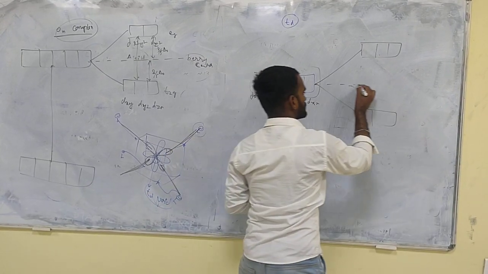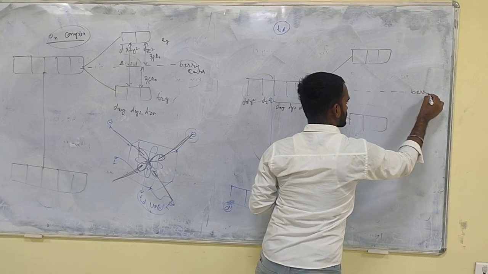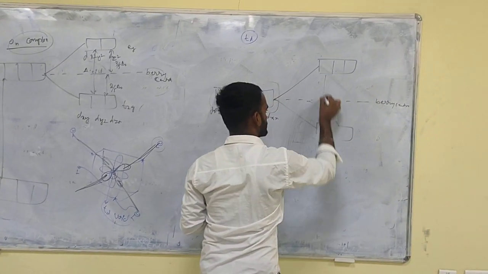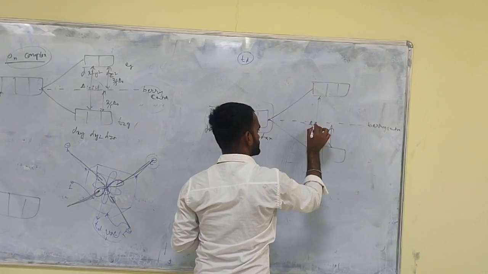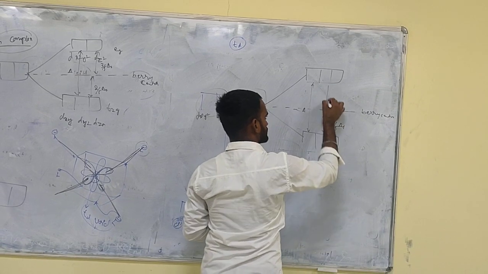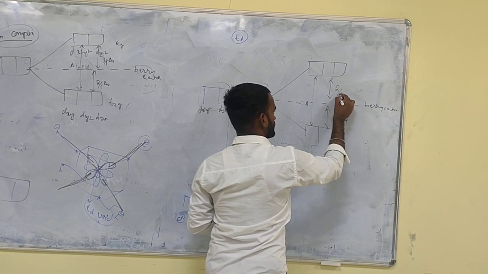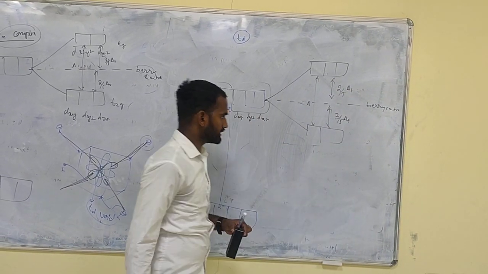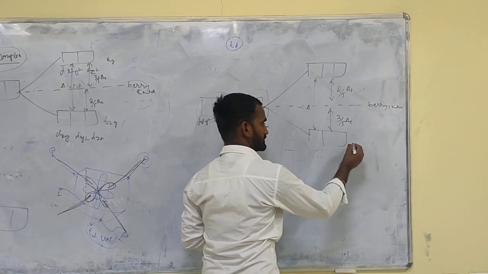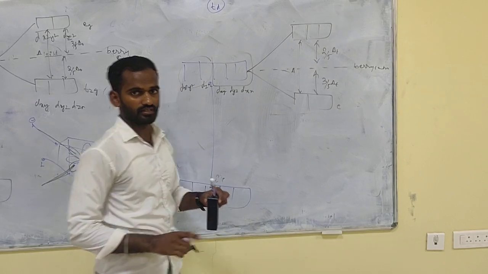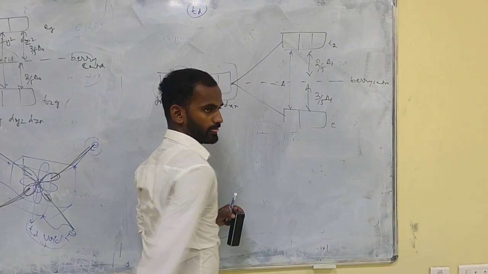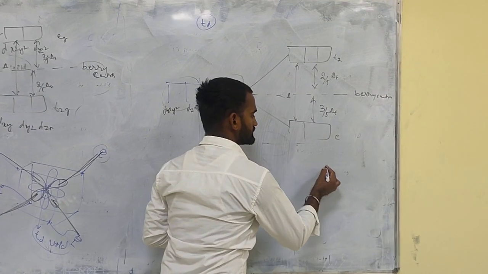Same thing, this is the barycenter, and the splitting energies are 3/5 delta t and 2/5 delta t. These two orbitals are represented by E, and this set is represented by T2, because here we are not using g.